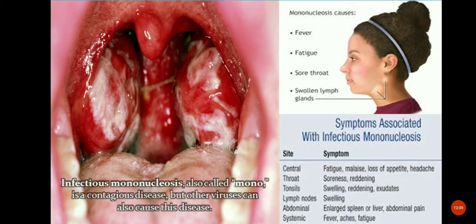So from the left side, we have the symptoms associated with infectious mononucleosis. And what are some causes of this illness? We have the fever, the fatigue, sore throat, swollen lymph glands.